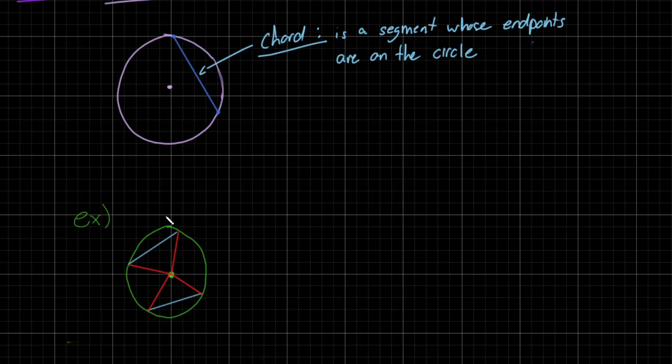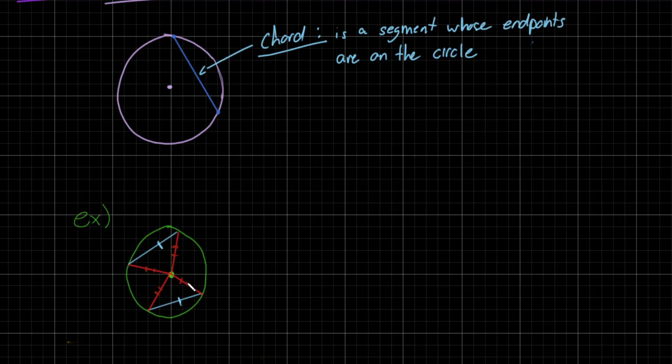Now I'm going to give you the fact that these chords are already congruent to each other. Now this chord and these two radii made what shape? So they're also congruent. So we know that all of these are congruent.